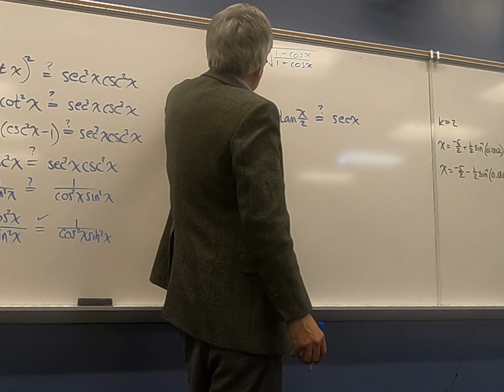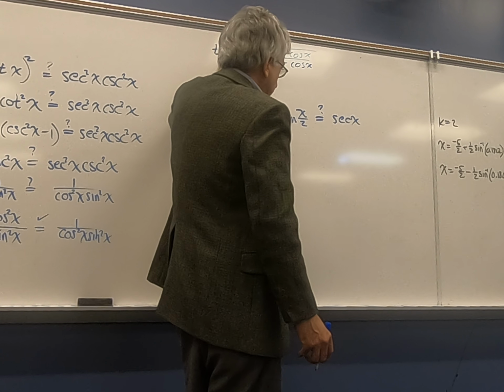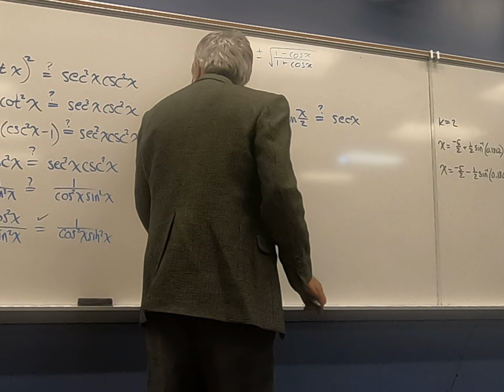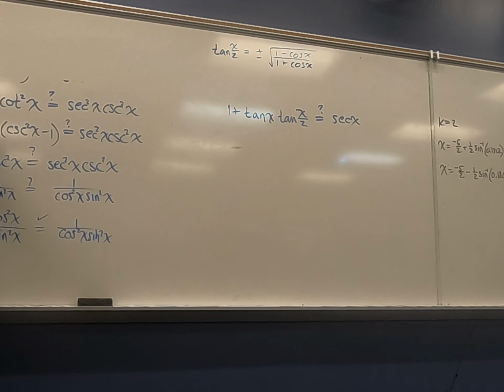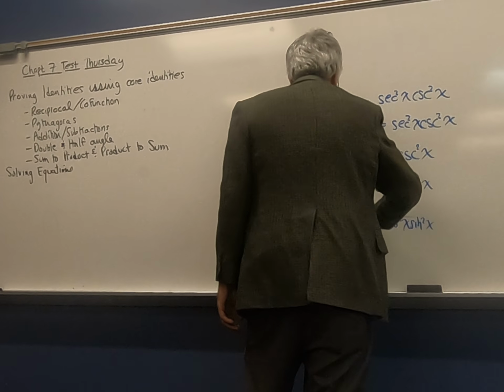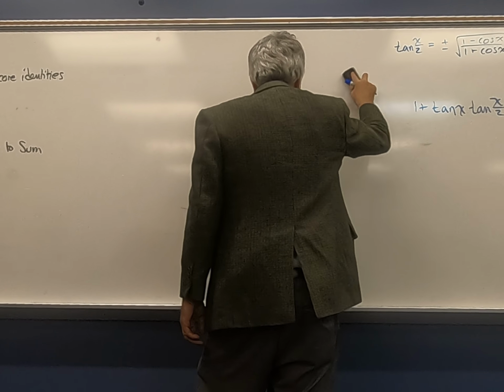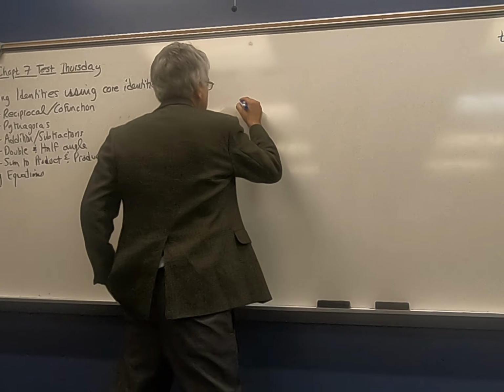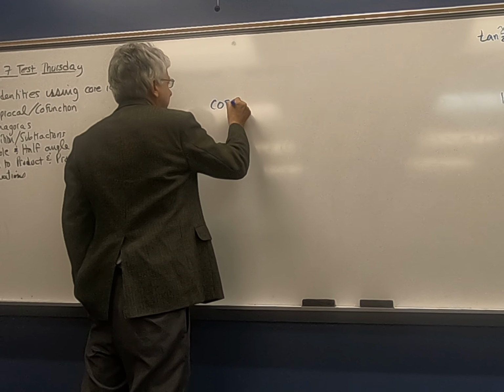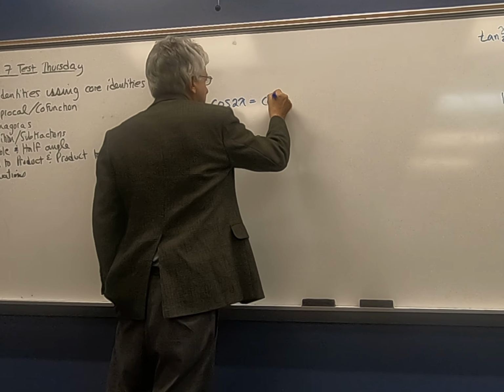Yeah, so if you don't remember this, you can rebuild it from the most fruitful of all identities, the double angle identity for cosine. So cosine 2x has 3 different versions, right?